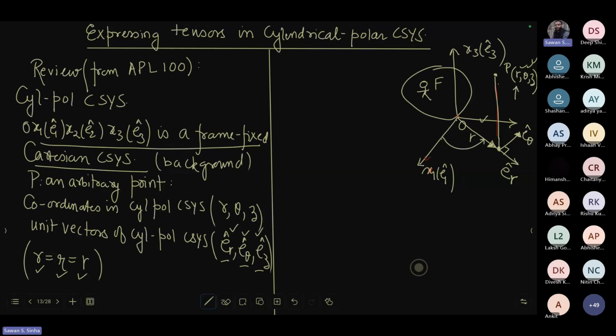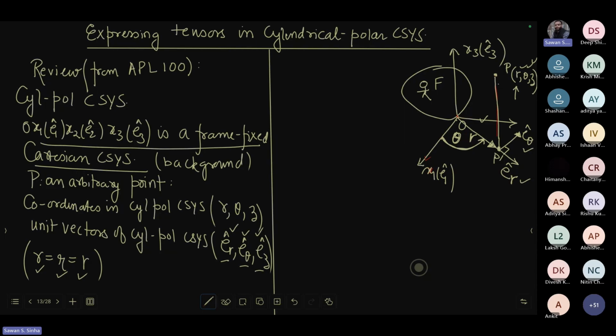I mean, if you start measuring from the x1 e1 axis, the angle that this O P prime is making with the x1 e1 axis, we call this theta, and the direction of e theta is in the direction of increasing theta. All right. So two unit vectors I have in this way, and also I have described the two coordinates r and theta.